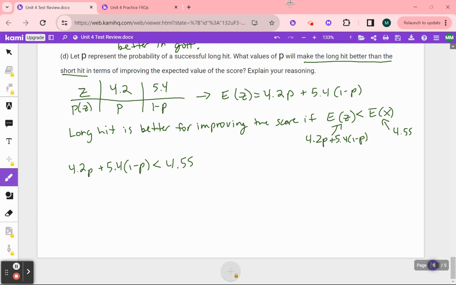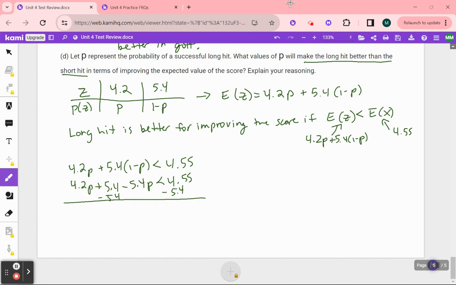Here we go. 4.2 P plus 5.4 minus 5.4 P is less than 4.55. I have to subtract 5.4 from both sides.